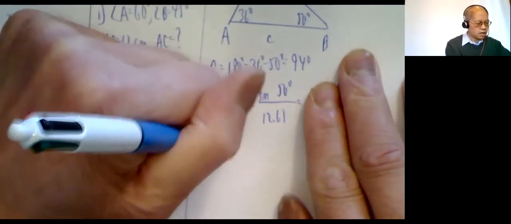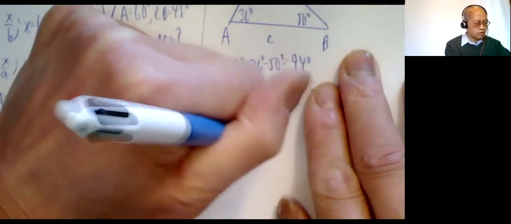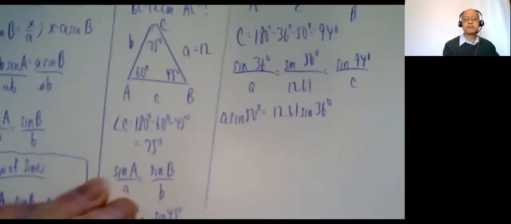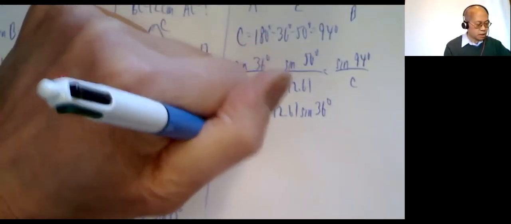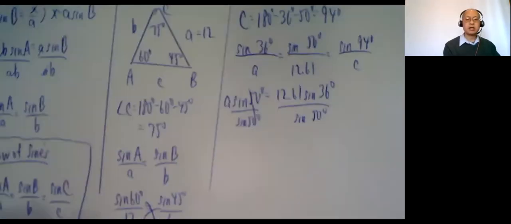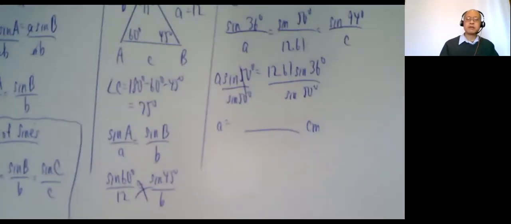Okay, so cross multiply here. a sine 50 equals 12.61 sine of 36, divided by sine of 50. Divide by sine 50, cancel, cancel. Round to the nearest tenth, and we're doing centimeters. So what is it? 12.61 sine of 36 divided by sine 50.